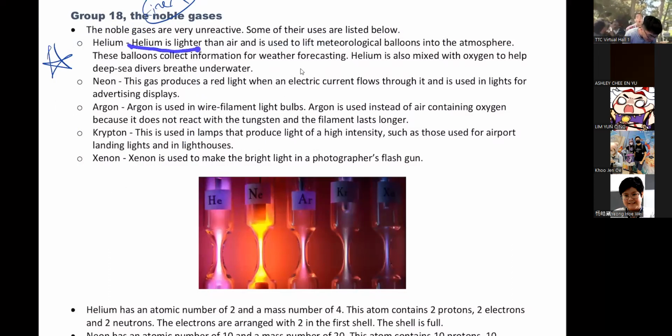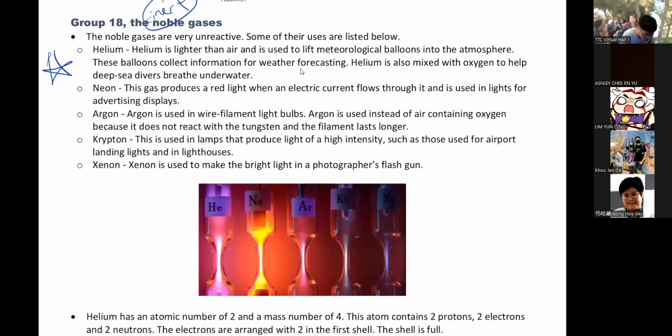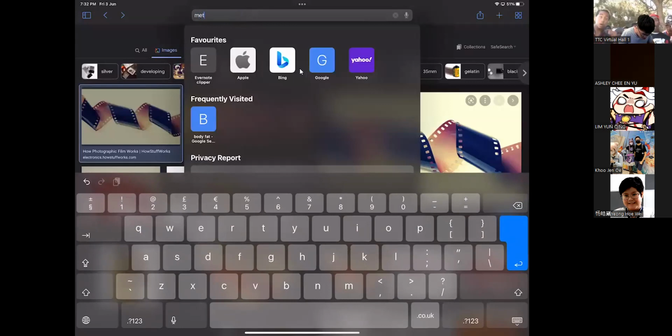Helium is lighter than air and is used to lift meteorological balloons into the atmosphere. You don't just use helium in your normal birthday floating balloon. They put it in meteorological balloons too. What is meteorological? 就是天气, your weather. They use this to study the weather.